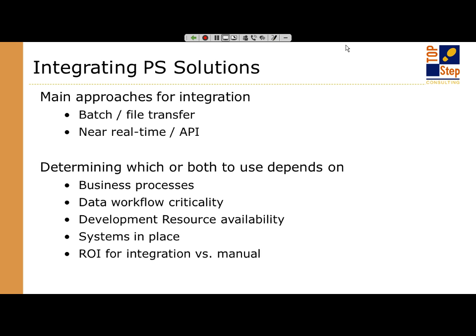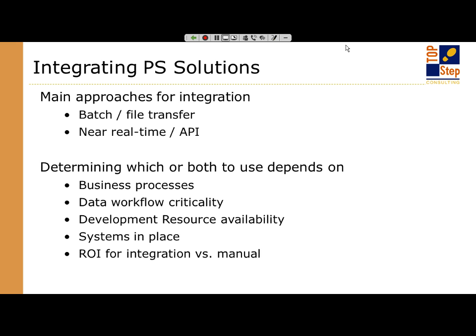If you're rekeying 5 invoices every month, that's probably not something that would be a benefit to spend $50,000 to build a fancy integration. If you're rekeying 150 invoices a month and you're really running out of time to get the data out, integrations make more sense. So you definitely want to understand the cost of implementation and the savings of time that your staff would benefit from in doing an integration.